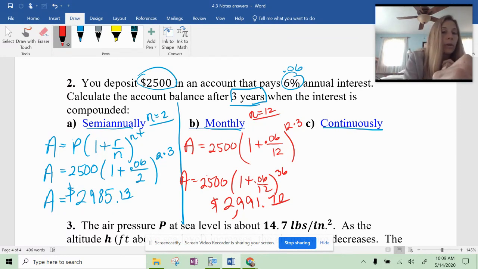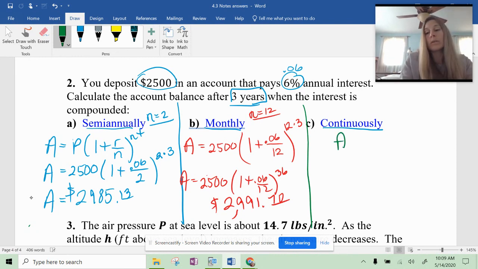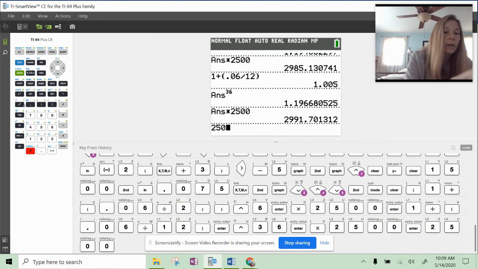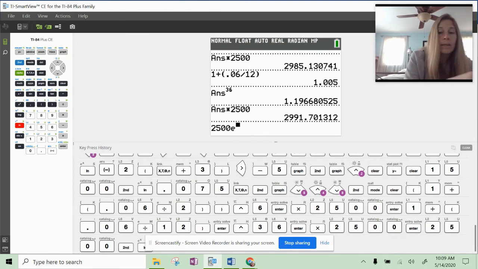And then finally, my third one is continuous. This is where I'm going to use the other formula with the E, right? My principal is still 2,500, but this time I'm going to do E raised to 0.06 times 3. When you go to your calculator, do it all in one shot. So 2,500 times E raised.